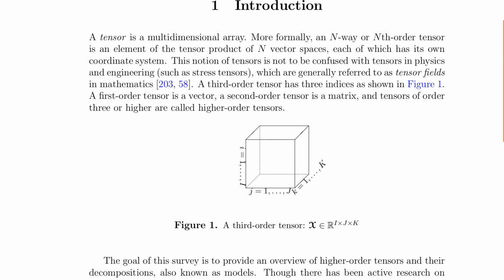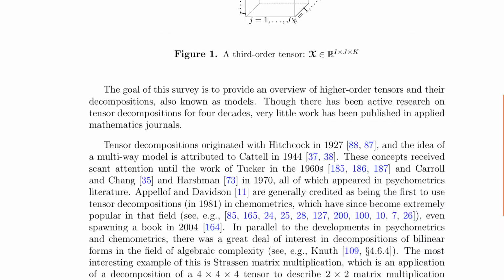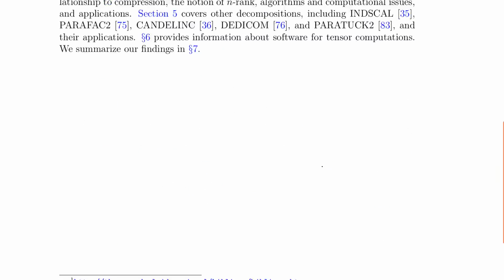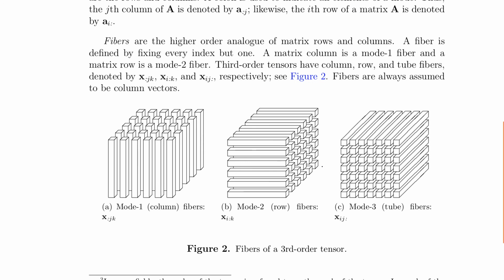Then maybe it's good to look at some illustration here. One concept worth mentioning is something known as a fiber. Let me see if I can pull up a pen here.